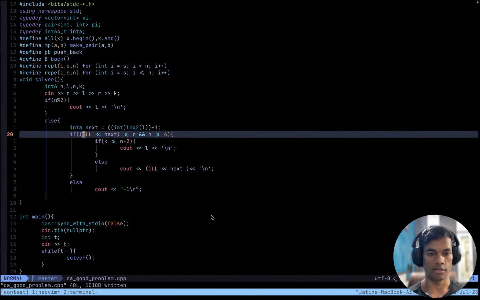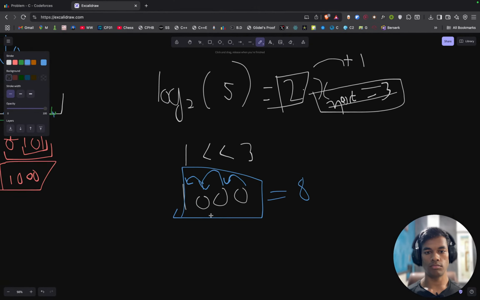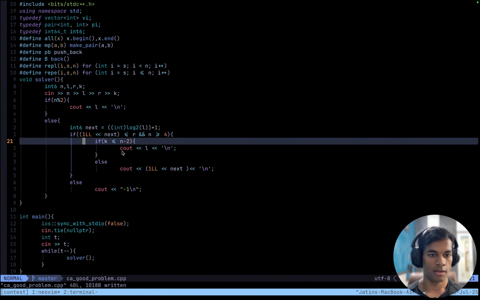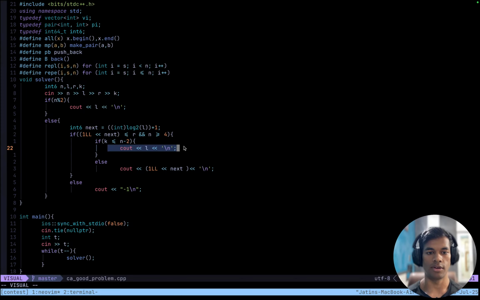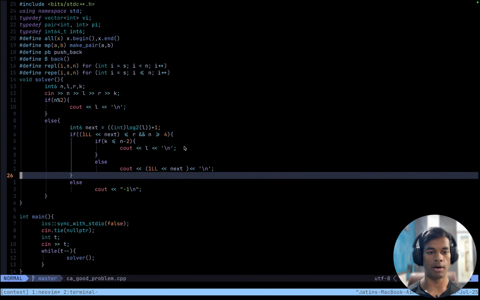So that is cool. And then I know that the last two numbers would be equal to this one shifted by next amount left. So if k is less than n minus 2, then I just return the last number, otherwise I return this power of 2.